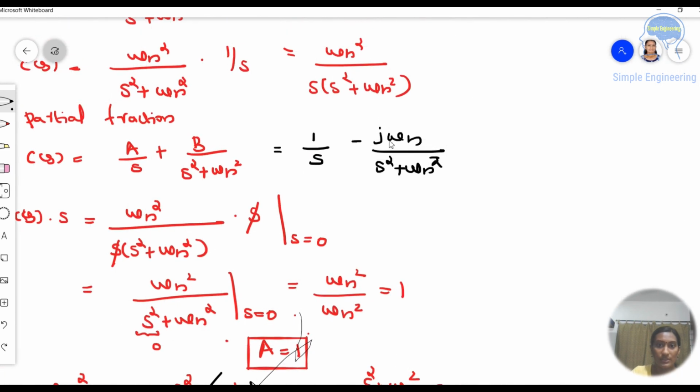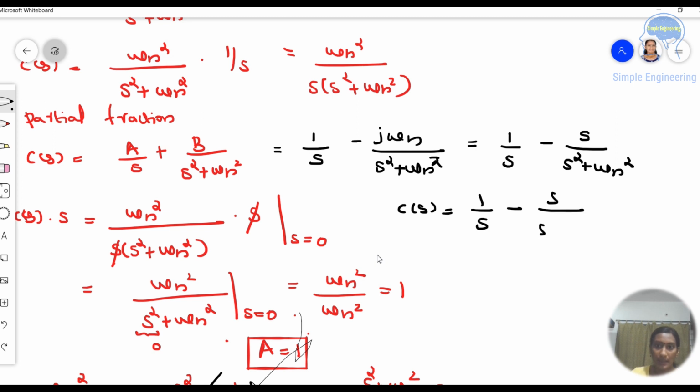So instead of j omega n you can write it as S. So C(S) will be equal to 1/S minus S / (S square + omega n square).